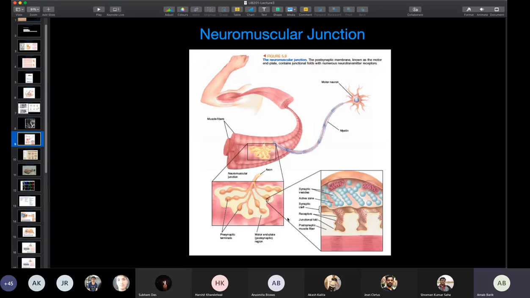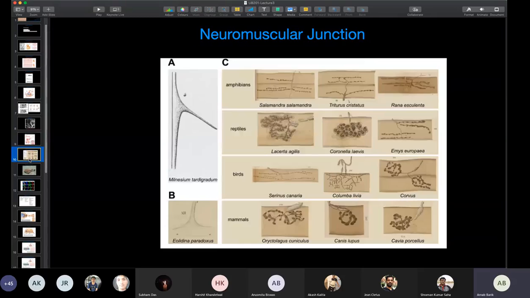And indeed, a lot of experiments done in mice and rats show that certain proteins can be knocked out or overexpressed to make the neuromuscular junction retain better, and that also reduces muscle loss. So, as I said, it's quite important, and they look very different in different animals.